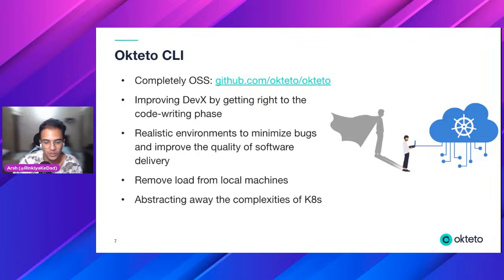Then the other thing was we want to solve the limitations of workflows with Docker Compose, where we want to remove the load from local machines. We do not want developers running everything locally, because that takes up resources from your machine, and not everyone is running the fanciest, latest MacBooks with 64 GBs of RAM and other fancy specs.